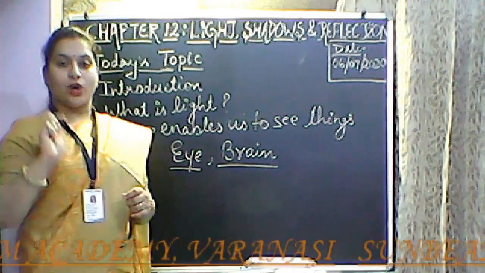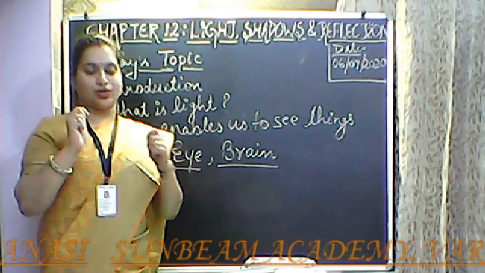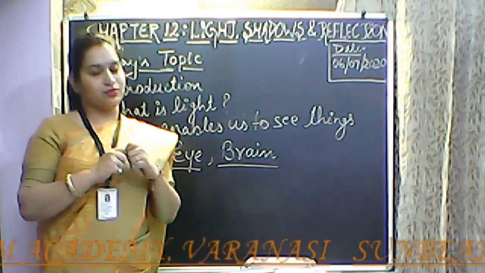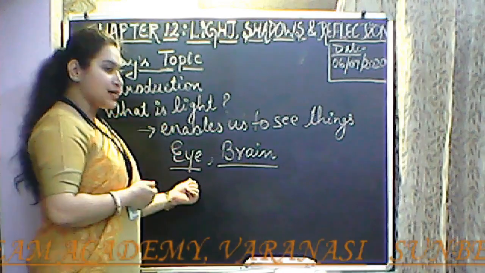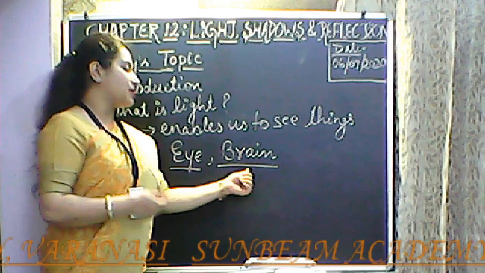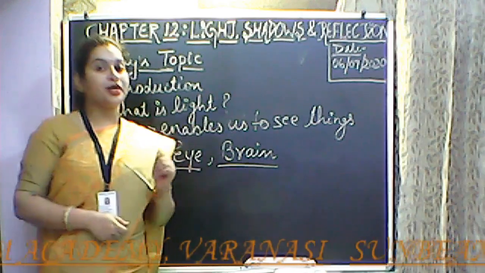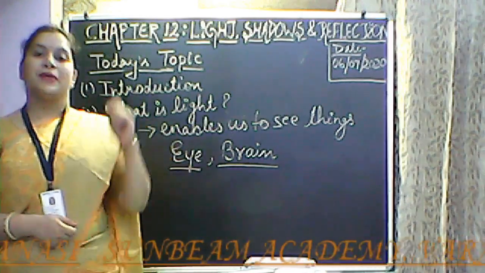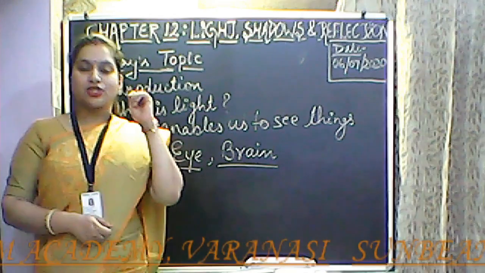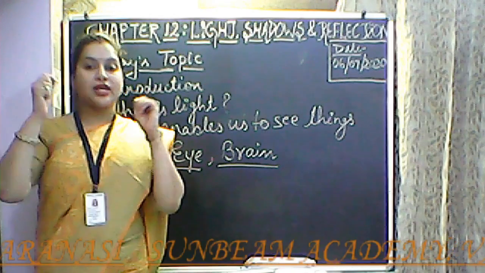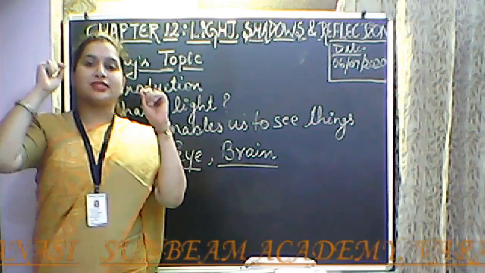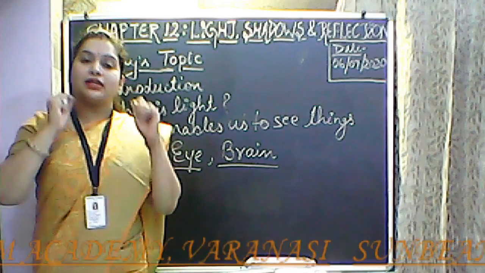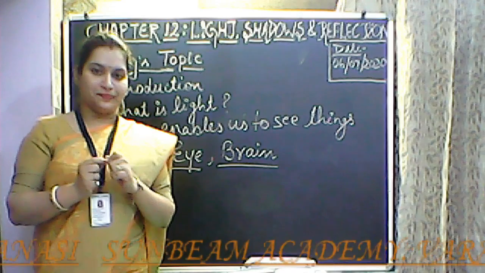If light is on and you close your eyes, will you be able to see things? No. So eye is also important and brain is also important. Why is brain important? Because the brain helps to imagine the things. There are nerves in our brain that carry the impulses of the rays and we can recognize things very clearly.